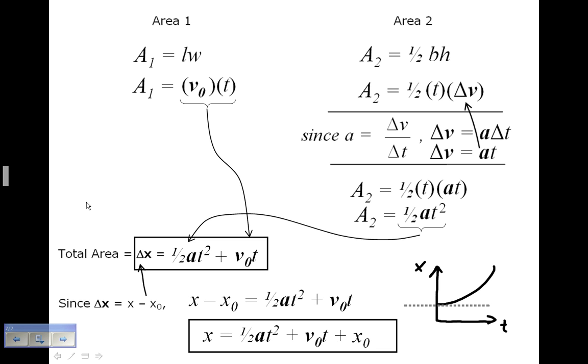If you think back to what those plots look like, if you plot position versus time graphs for constant velocity, remember that those were always linear, okay? Something like that.